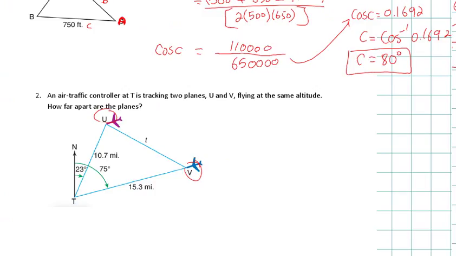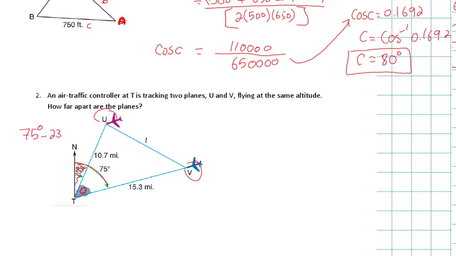How are you guys getting that? This is my contained angle, right? So it's 52. Because my angle is 75, take away 23, which is 52.